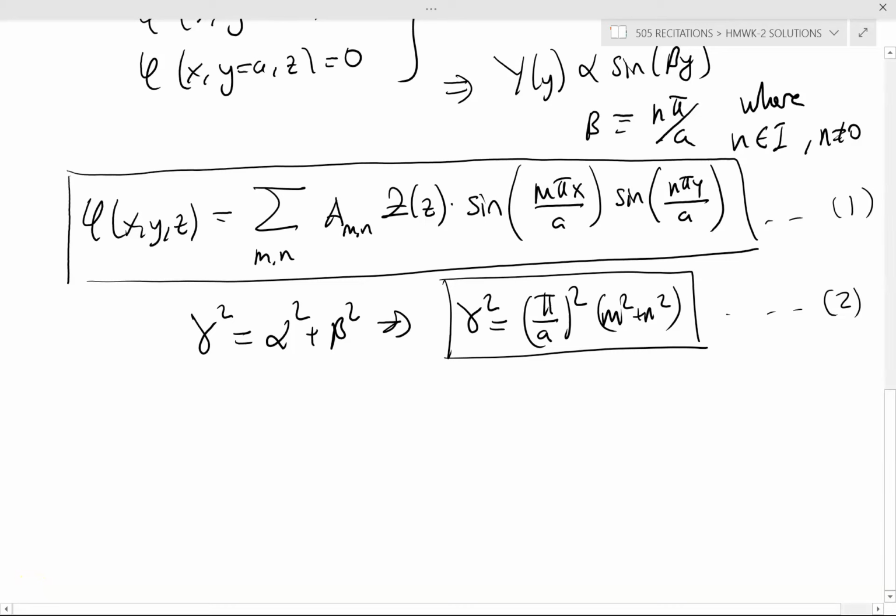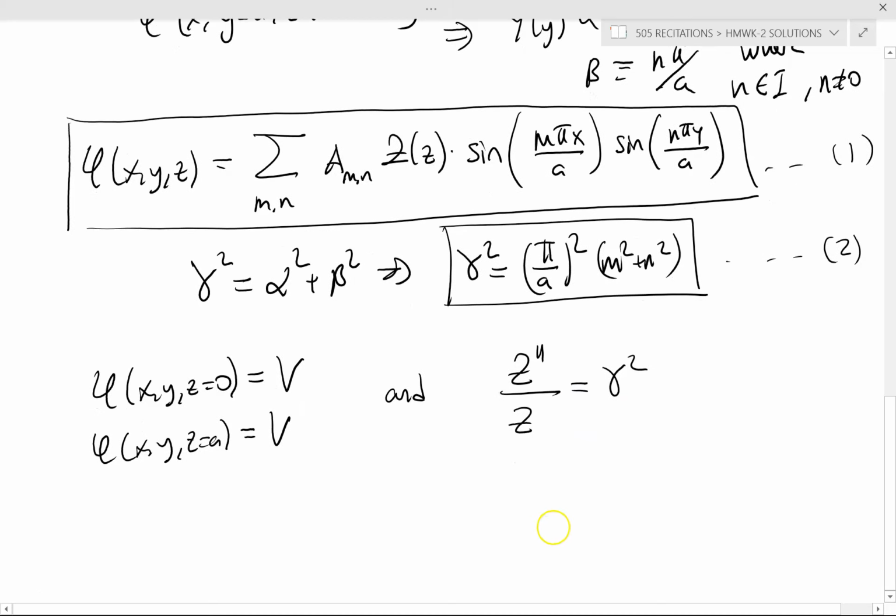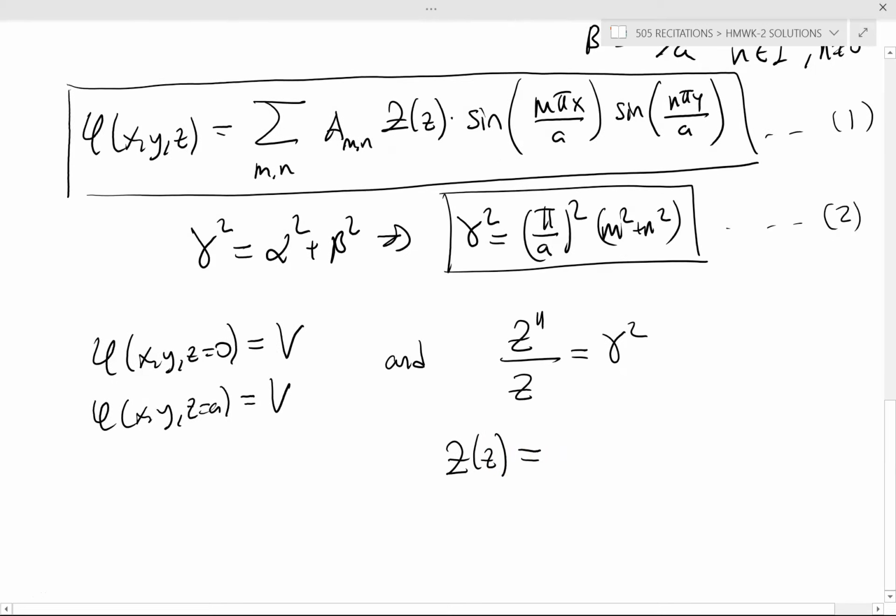Since phi of x, y, z equals 0 is V, and phi of x, y, z equals a is V, and the second derivative of Z divided by Z is equal to gamma square, I am expecting the general solution of Z to be as follows, right?